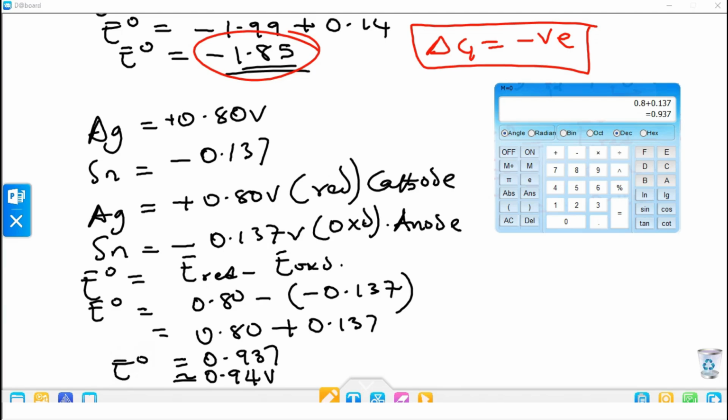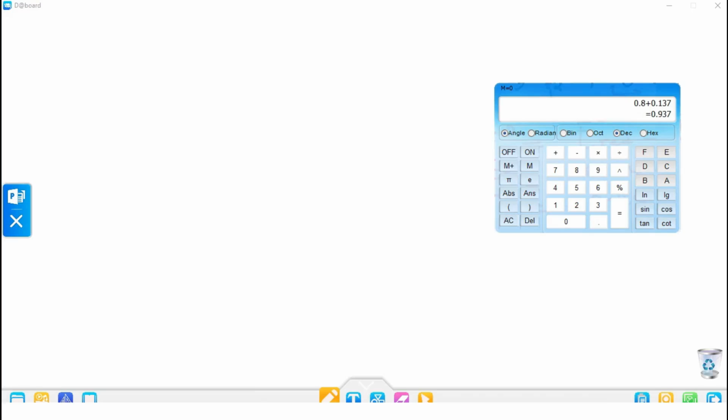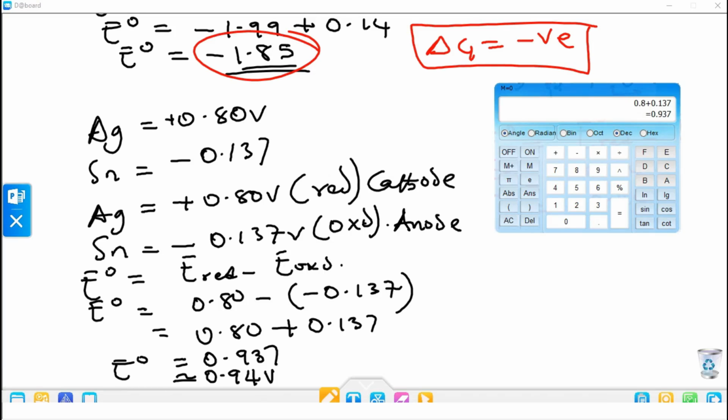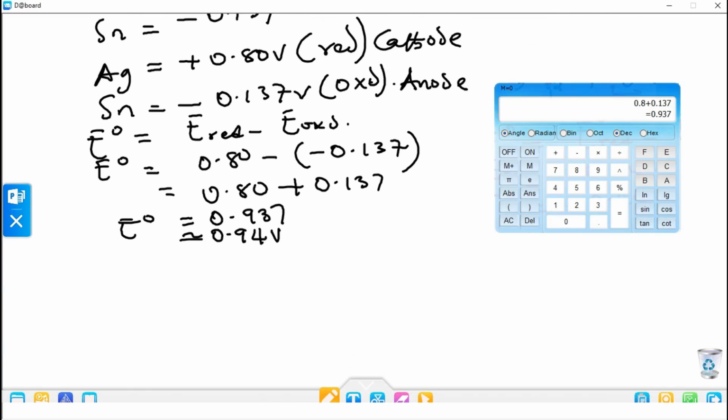And then next we have to write the balanced equation for the overall cell reaction that occurs. How do we do that? This is how we go about that. Between silver and tin, since silver is reduction and tin is oxidation, reduction has to be written at the right hand side and oxidation will be written at the left hand side.